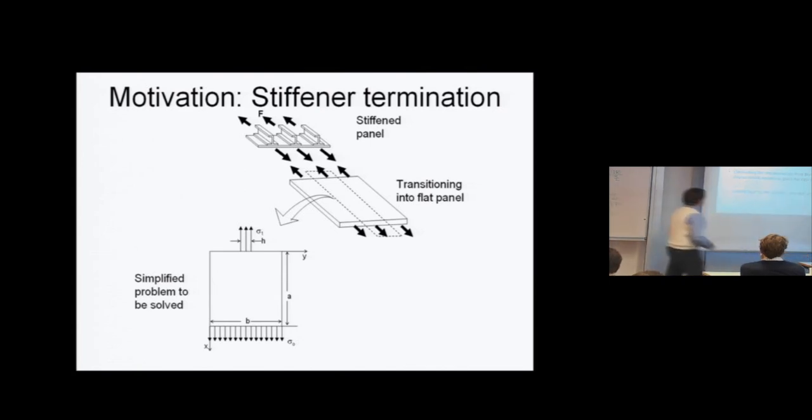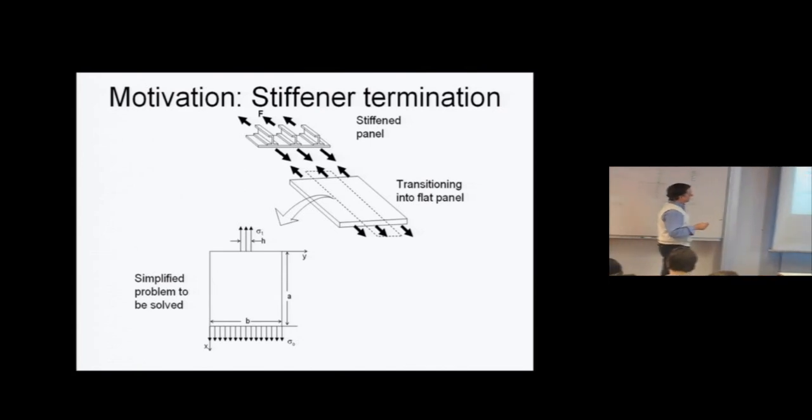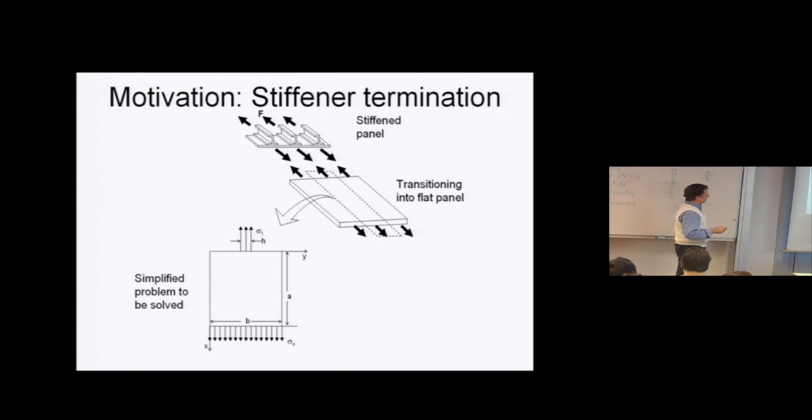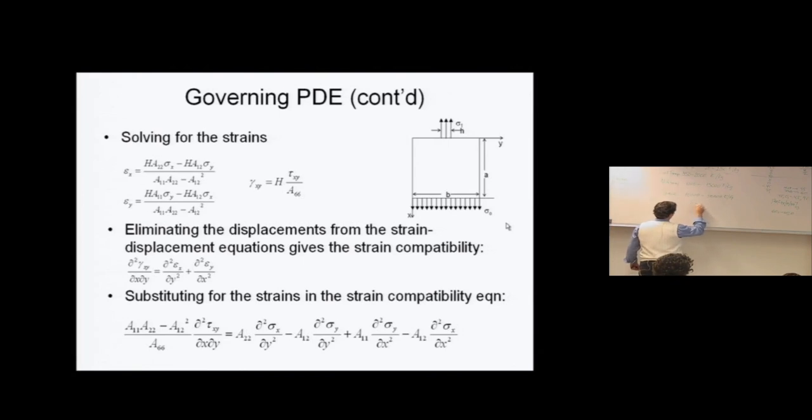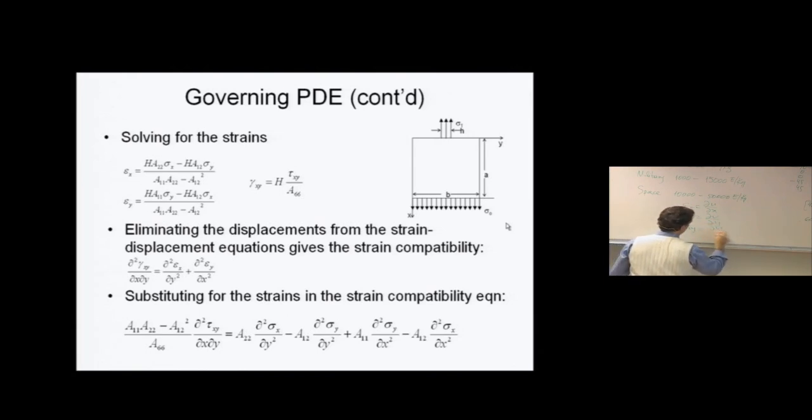So if I solve for the strains from my stress-strain equations, I get these expressions for the 3 strains. Now, my strain displacement equations. Remember, epsilon x is du dx, epsilon y is dv dy, and gamma xy is du dy plus dv dx.